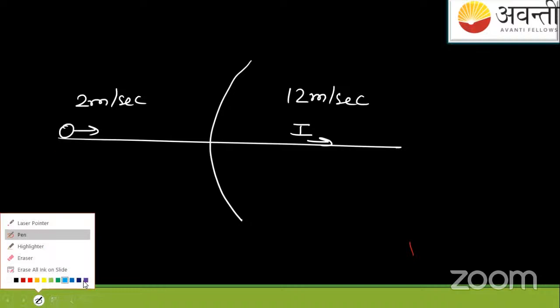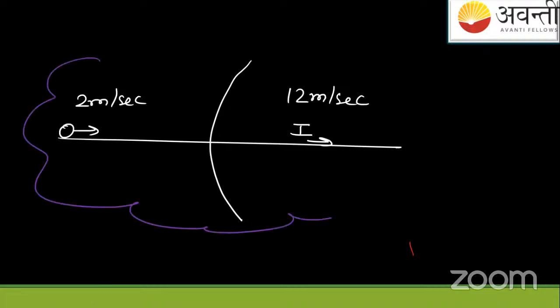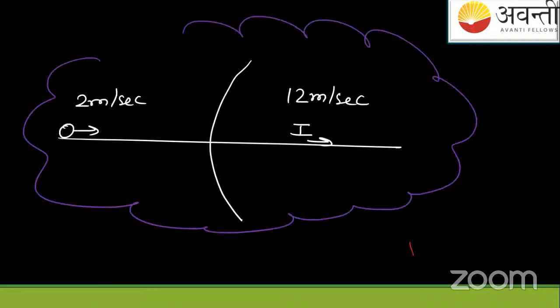Okay. So the object is moving with speed equal to 2 meter per second. And the image here is moving with the speed plus 12 or minus 12. It's plus 12. Like this, 12 meter per second. So this will be a very cool picture in front of you. You can see. This is the picture in front of you.